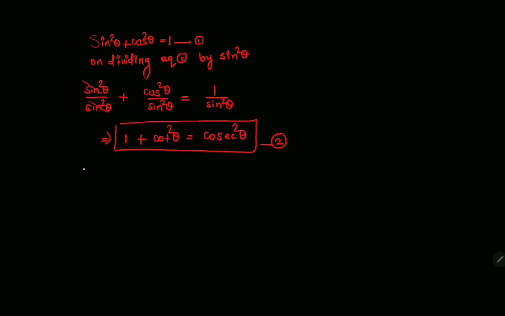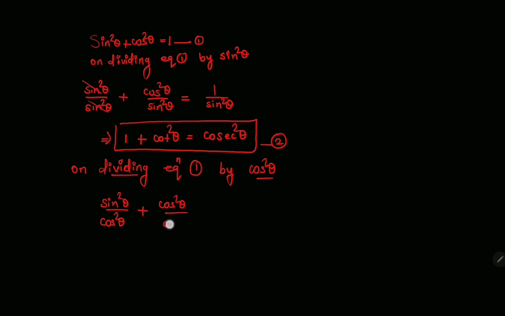Now similarly, on dividing equation 1 by cos square theta, we have 1 upon cos square theta.